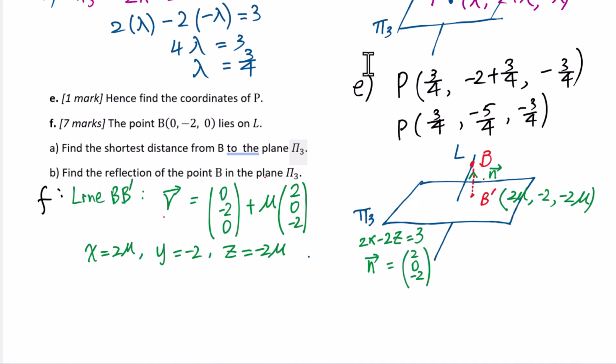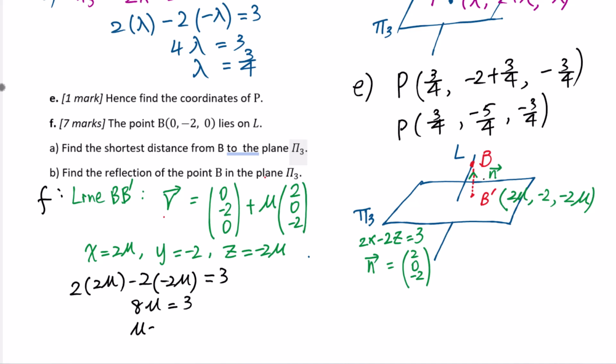B prime is on the plane pi 3, so we do the substitution. 2 times 2 mu minus 2 times -2 mu equals 3. Simplify. 8 mu equals 3.